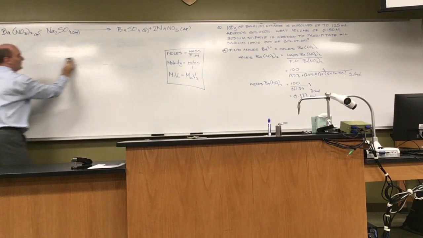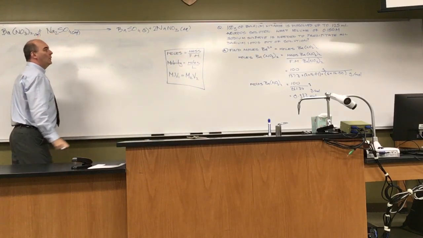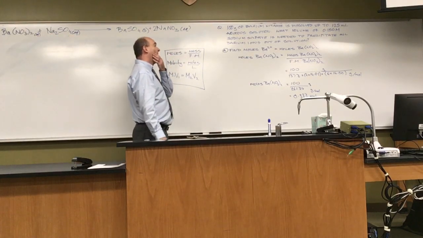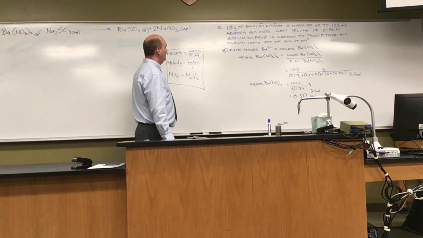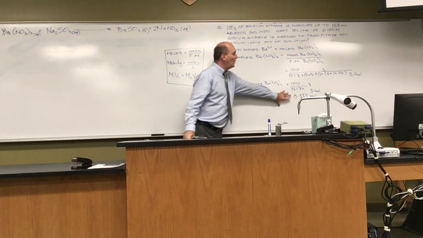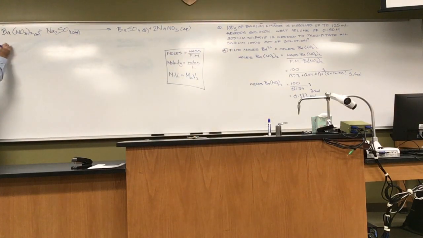Okay. Let's figure out. So now I can do this 2 slightly different ways. I now know how many moles. So I've got a beaker. And it's got some barium 2+ in it.